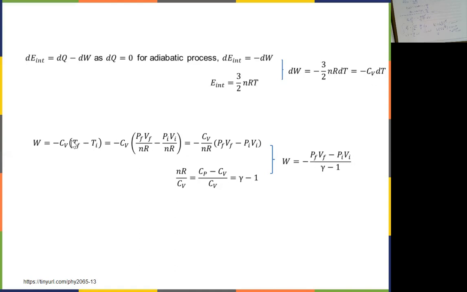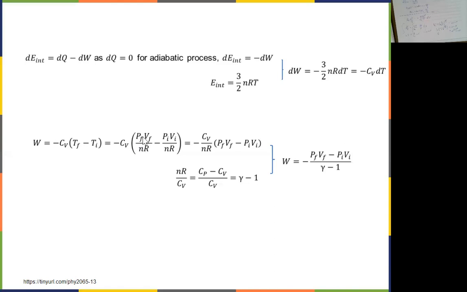So for work, if you integrate this side and this side, work is equal to minus Cv times T final minus T initial, because Cv is not a function of T. So just take T final minus T initial, which means delta T. Now T you can solve from the ideal gas law, PV equals nRT, so T equals PV over nR.